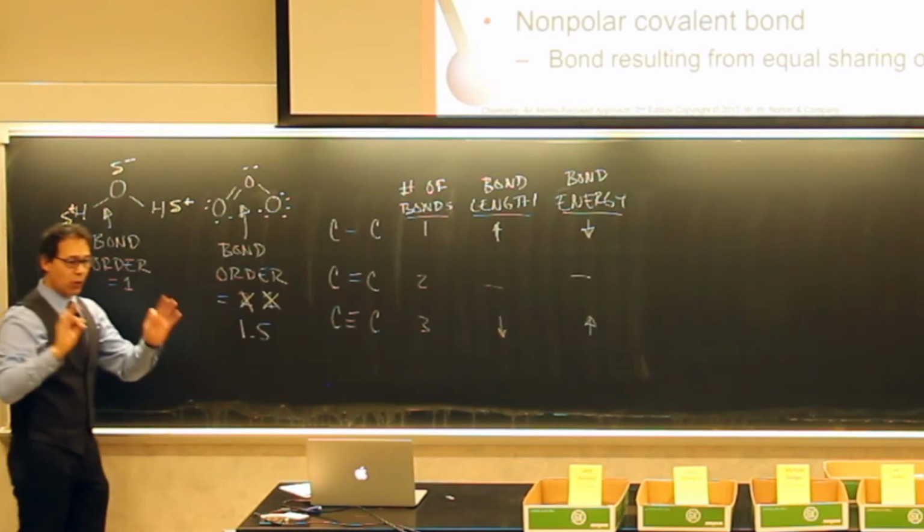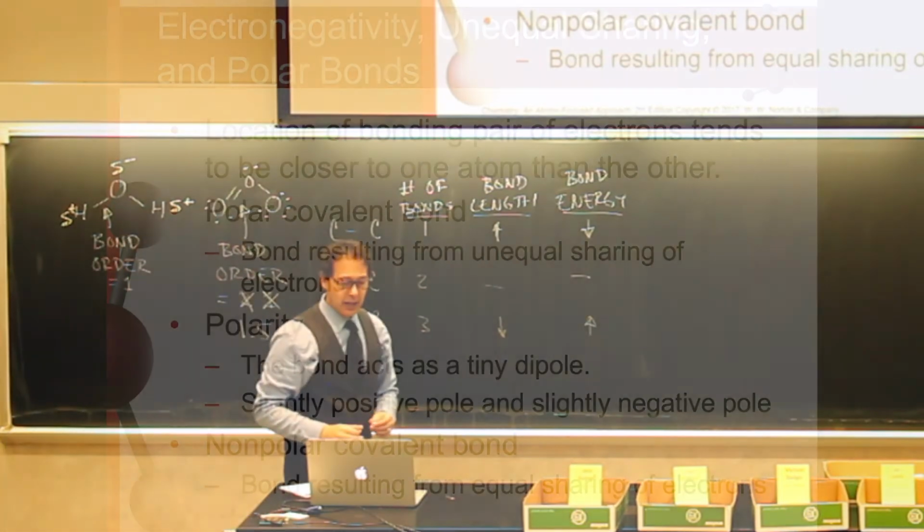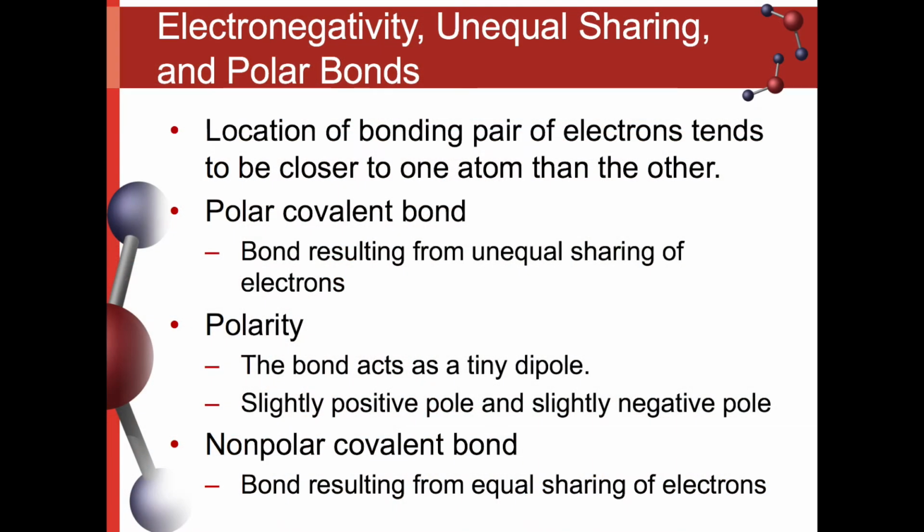Makes us a polar bond. Now, polar covalent bond, it's just unequal sharing. They're still sharing electrons, it's just the oxygen shares a little bit more, or we say it's just a little bit more greedy. The electrons spend more time there. And polarity just means that it's unequal. It's a little bit positive and a little bit negative.